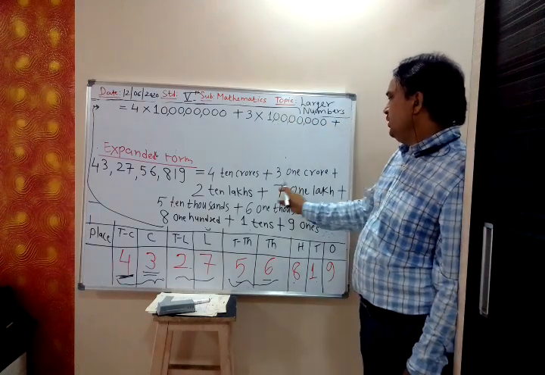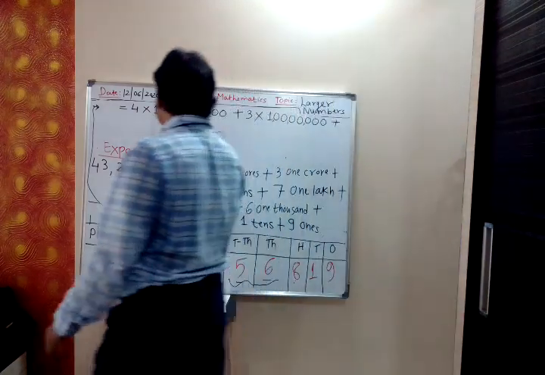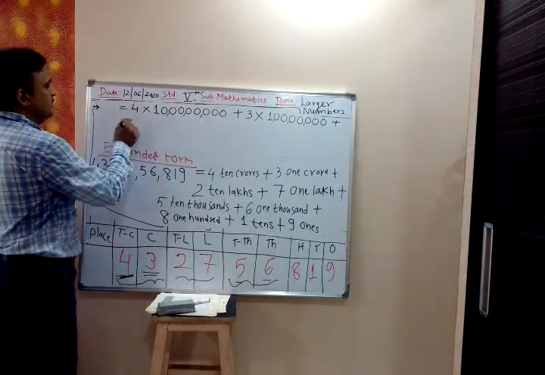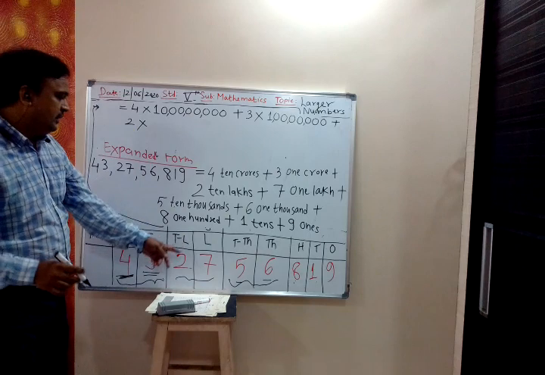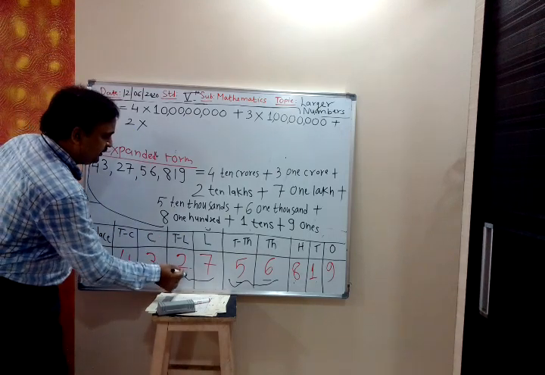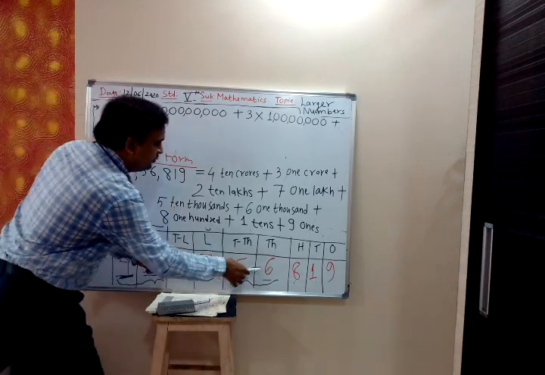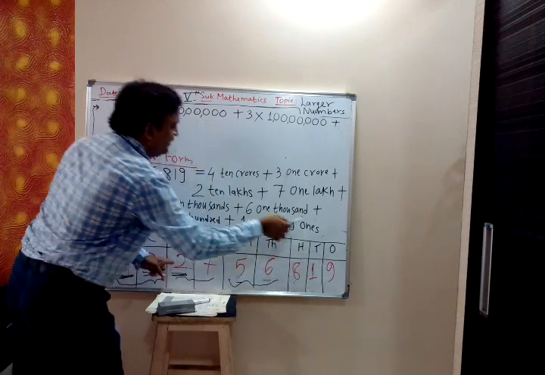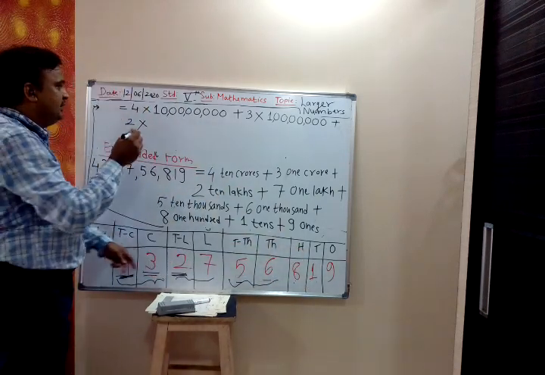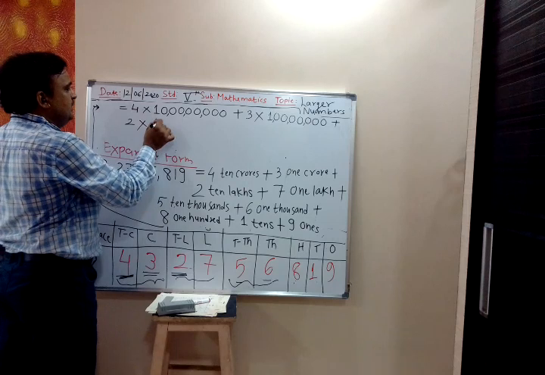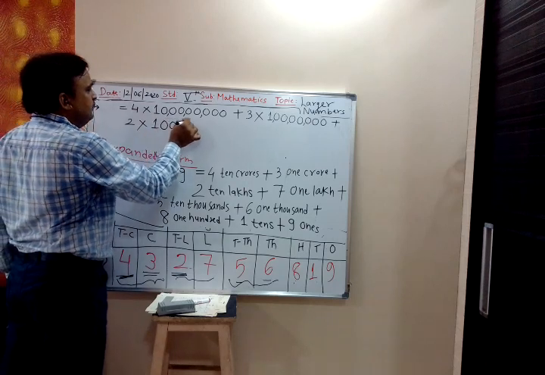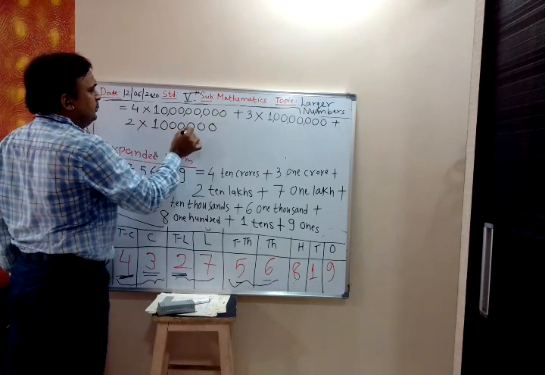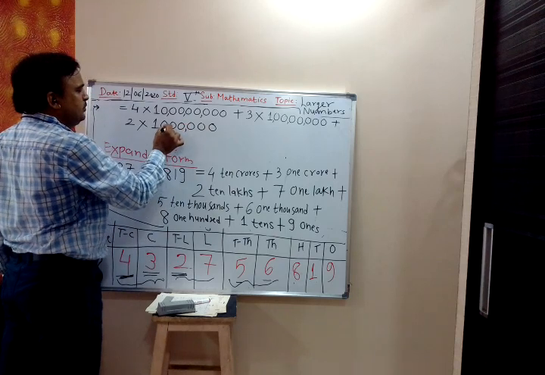Plus 2 ten lakhs. After 2, how many digits are there? 1, 2, 3, 4, 5, 6. So 10 lakhs will have 6 zeros. Put the comma. 3, then 2.